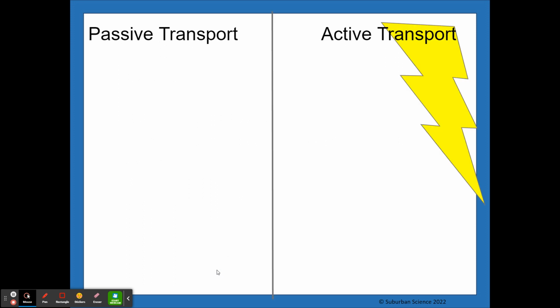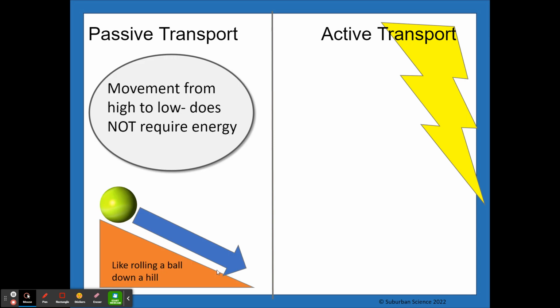Okay, so let's take a quick look and compare the two. Starting off with passive transport, we're moving from an area of high concentration to an area of low concentration, so it does not require energy. I want you to think like you're rolling a ball down a hill. It doesn't require any energy because the second I let go of that ball, we're letting gravity and some other forces do all the work.